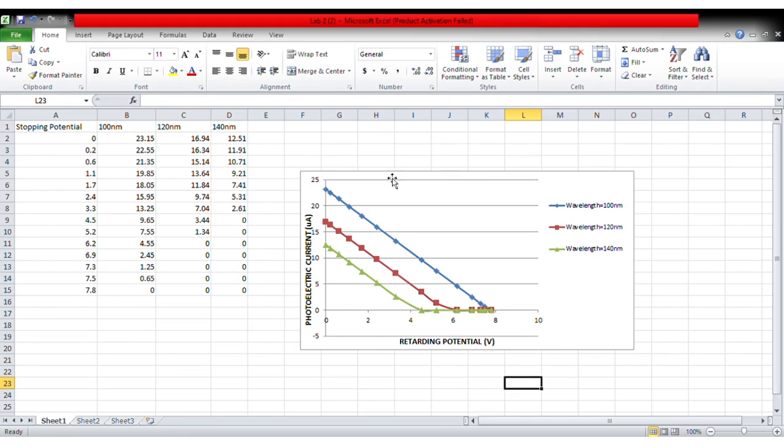As we can see from the graph, an increase in wavelength leads to a decrease in the value of stopping potential. Hence we have verified this characteristic of the photoelectric effect.